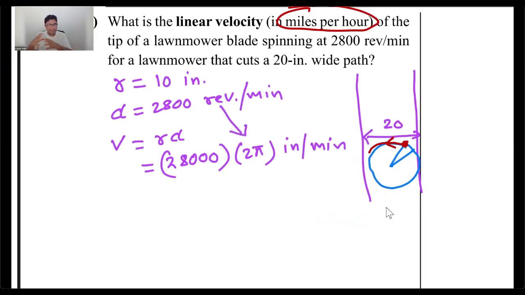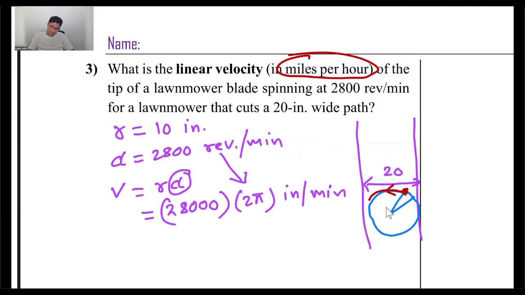V equals R alpha works only if alpha is in radians. That is very important. And the unit of length here is inches. So alpha times R, 2800 times 10, 28,000, times 2 pi to convert from revolutions to radians, inches per minute, right? That is the velocity.